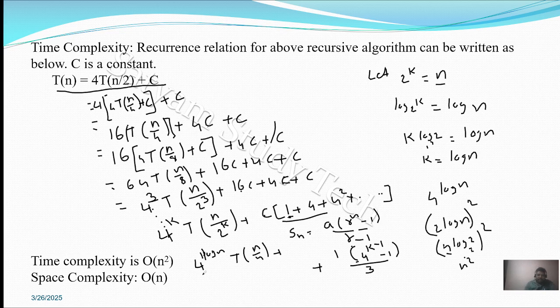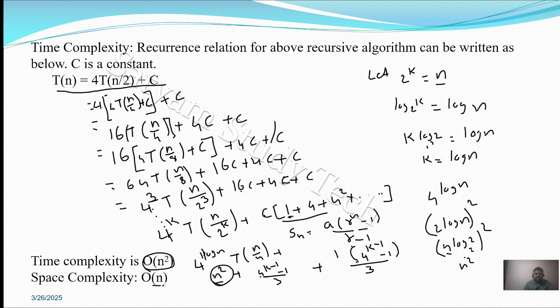Now in place of 4 power log n you can write n square. So T(n by n) is T(1), that is only 1, n square into 1 plus 4 power k minus 1 by 3. Here also the term is n square, and 4 power k you can write as 4 power log n, that is also n square. So the maximum term is n square. So the time complexity is big O of n square.